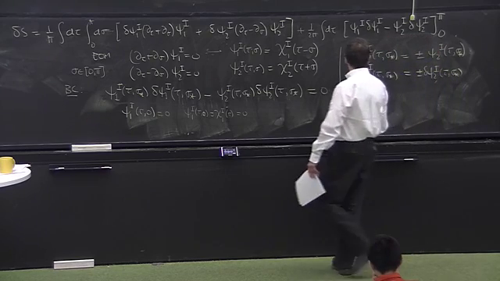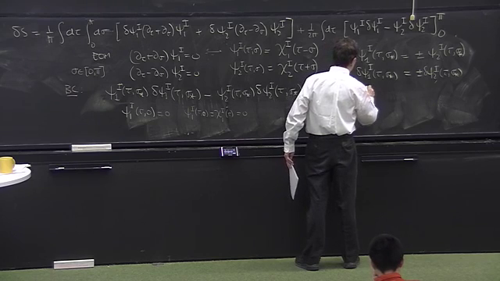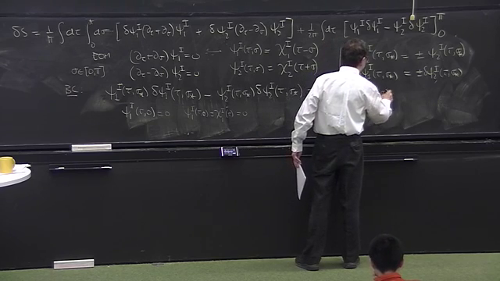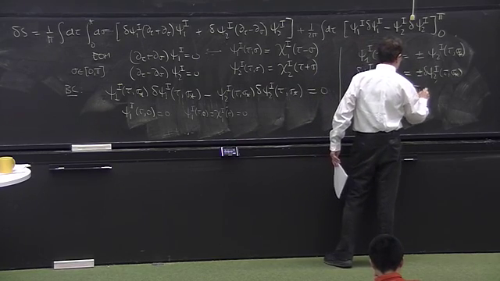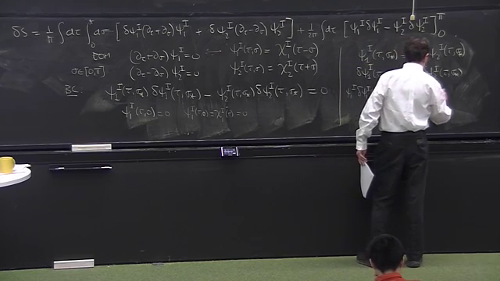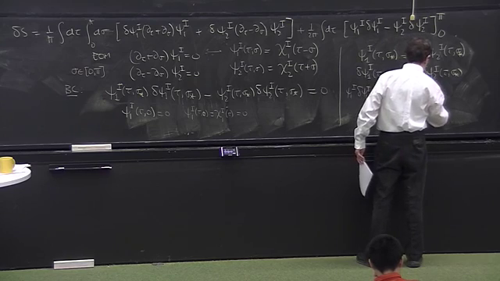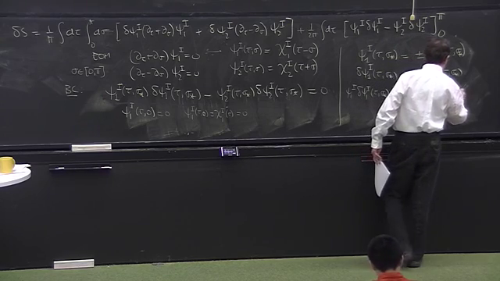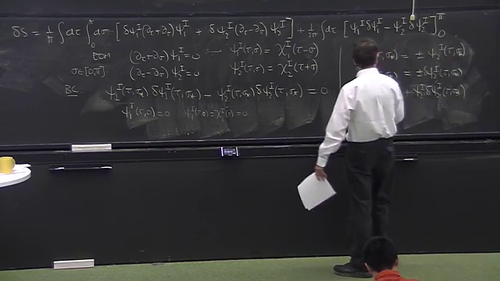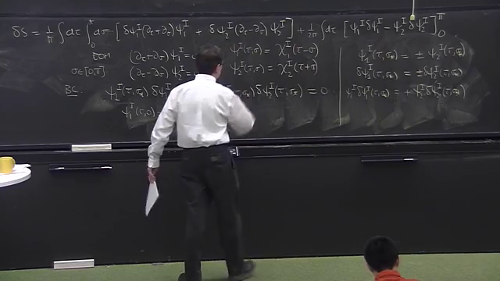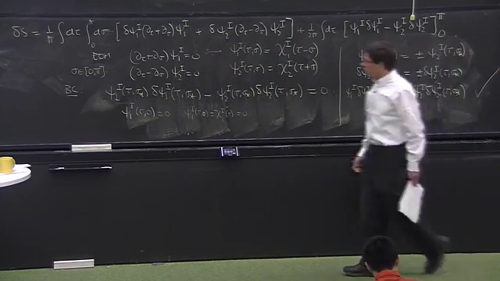And now when you multiply this, you get ψ₁ δψ₁ of τ and σ star. The plus and minus go with each other, so you get plus δψ₂ of τ and σ star. So this thing works, this gives 0, and this is a good way to put boundary conditions.